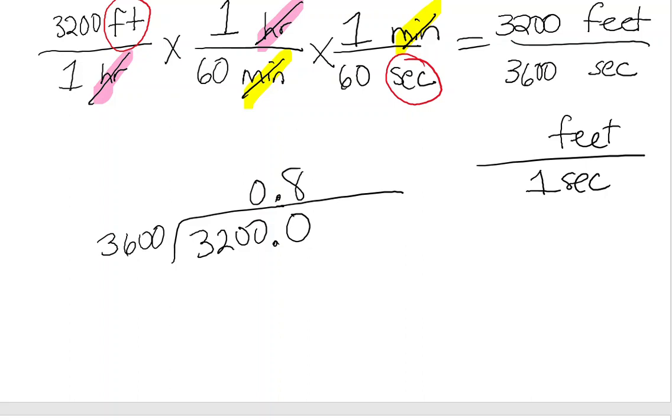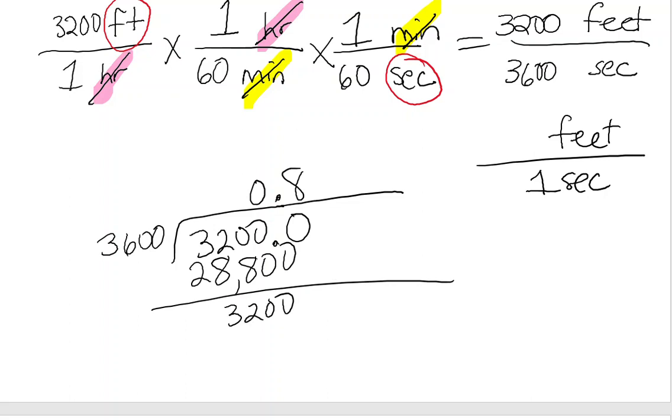8 times 3,600 is 28,800. Subtract, and I'm left with 3,200. Add a 0 and bring it down. And I get 32,000 again.